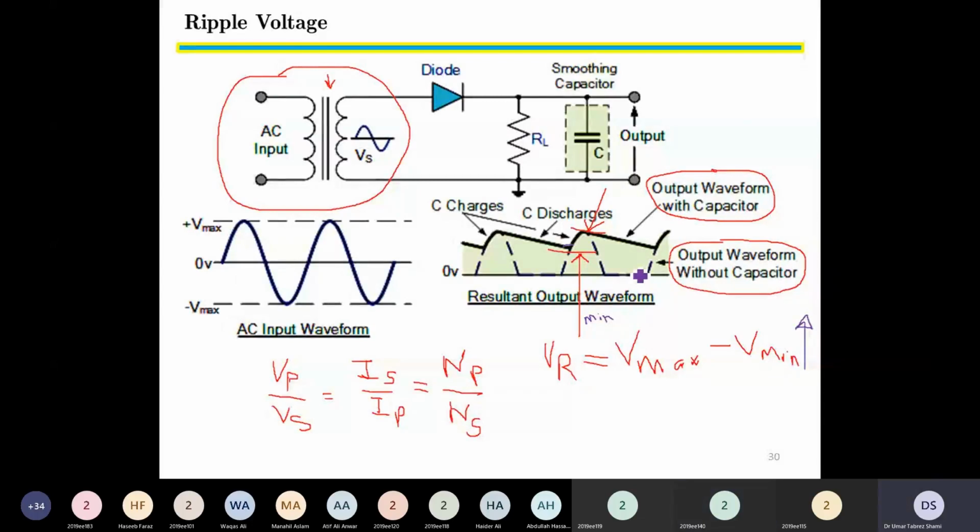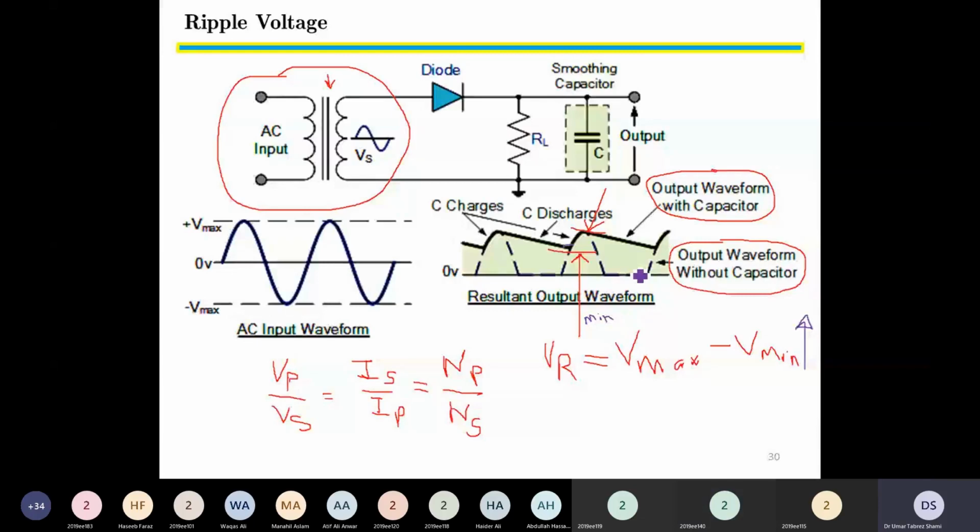When you had not added the capacitor, V minimum was 0. When we add capacitor C, we get a finite value of V minimum.